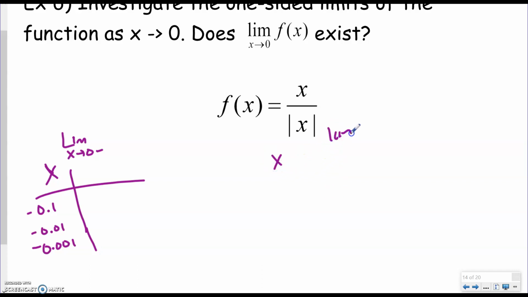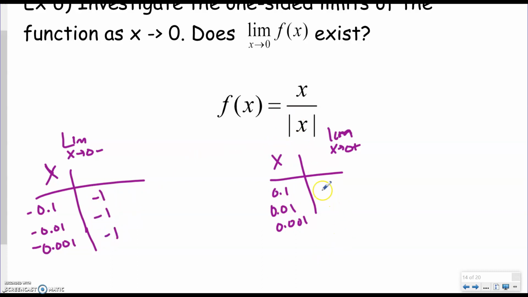So the limit as x approaches 0 from the right, we're going to do positive 0.1, 0.001, and 0.0001. So when I plug this in, if I plug in negative 0.1 divided by the absolute value of negative 0.1, I end up getting negative 1 for all three of these.